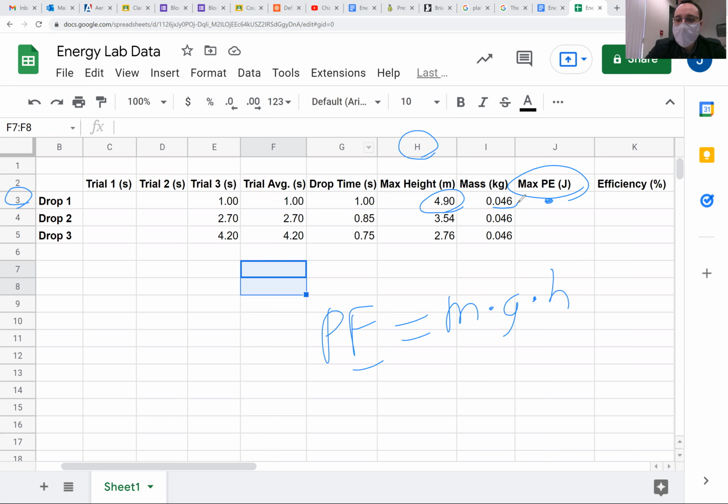So height times mass, which is I3, times gravity, which is 9.8 meters per second squared, although in Excel you're not going to use the unit, just use the 9.8. You're going to multiply all of those together to get what's in this cell. So you are responsible for these.